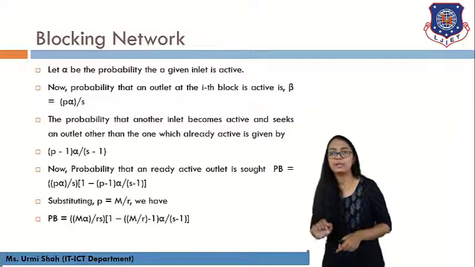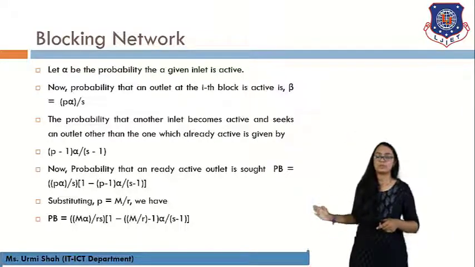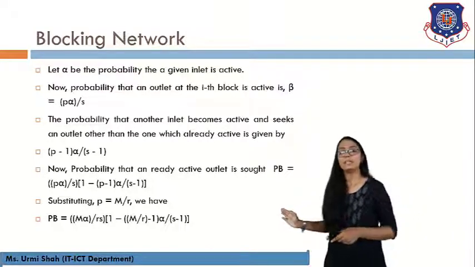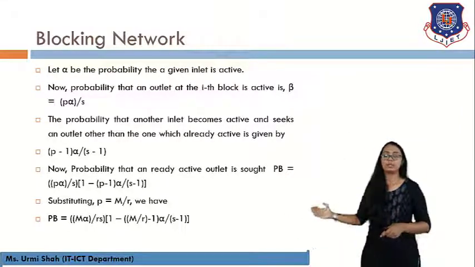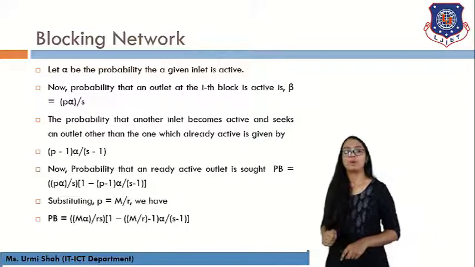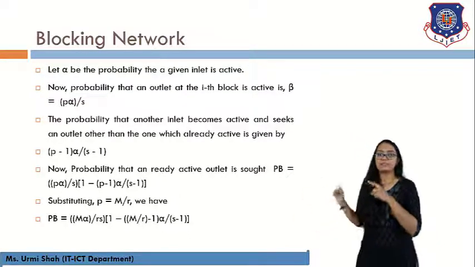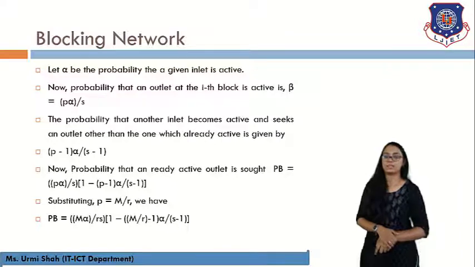What actually happened here? We have just substituted the value of P equal to M by R in the above equation, and then we concluded with the formula for the blocking probability of this particular network.